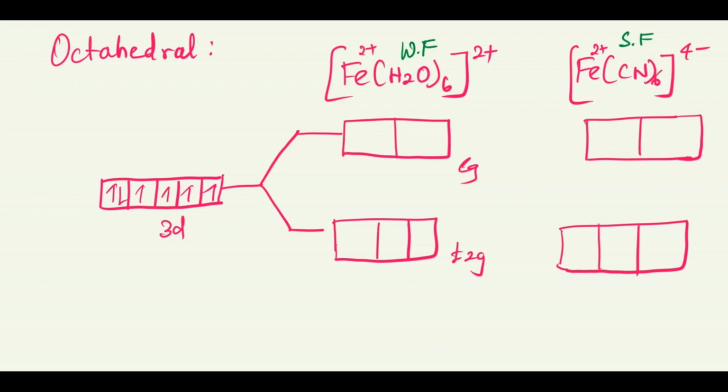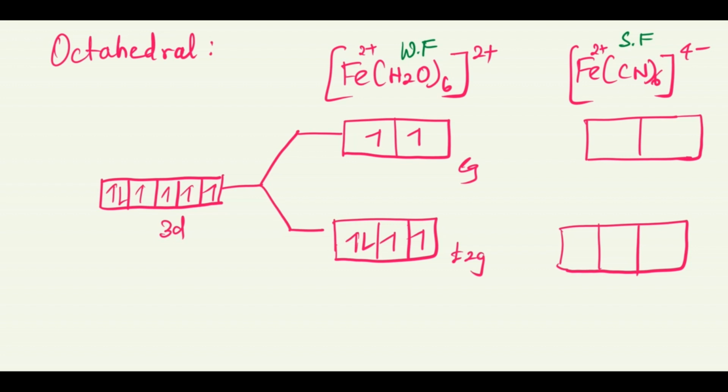It will not undergo any pair up. So first 3 electrons will fill over here. Then the next 2 electrons go up. Another 1 electron will go down. That is what happened in weak field. It will not do any pairing.